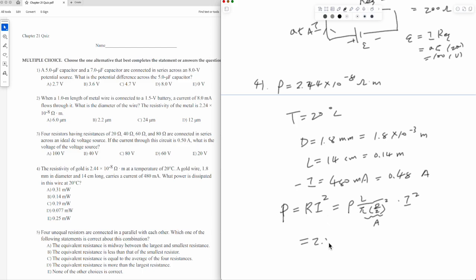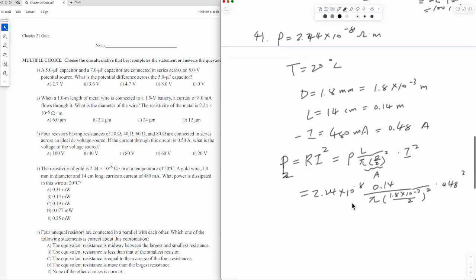So this is 2.44 times 10 to the power of negative 8, times L, 0.14, over pi times (1.8 times 10 to the negative 3 divided by 2) squared, and then times current squared. Current is 0.48 squared. That's the power. Just calculate this out. Use your calculator.